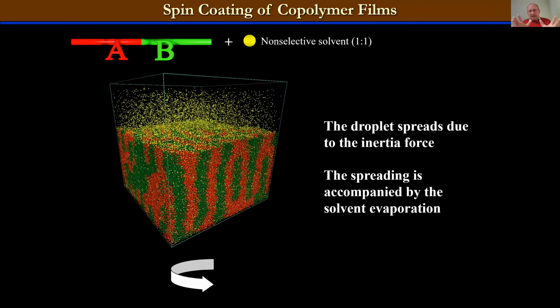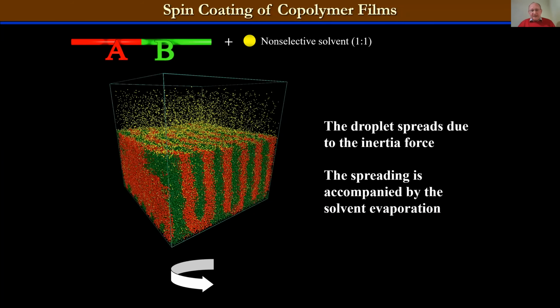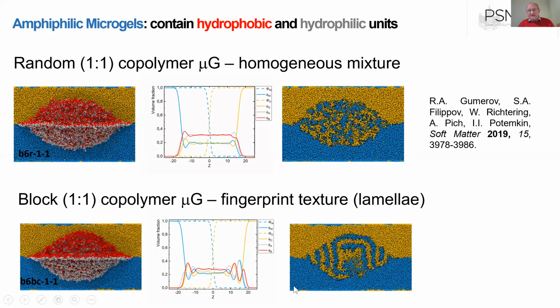The system becomes dense, and incompatibility between monomer units leads to microphase separation. The driving force for the microphase separation in the microgel is immiscibility of the liquids. So one component uptakes water, one component uptakes oil, and oil and water are immiscible with each other. And this leads to the microphase separation.